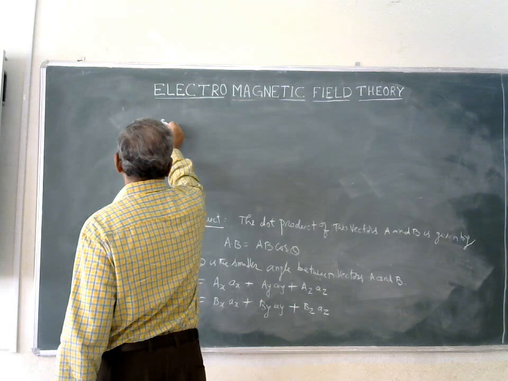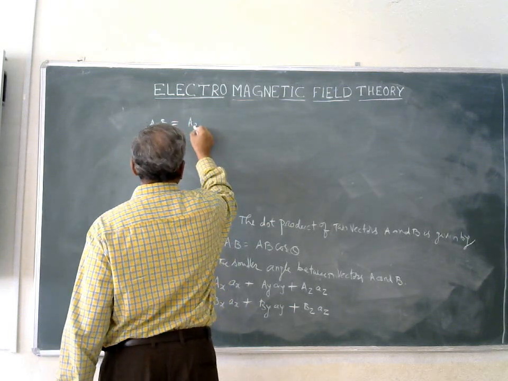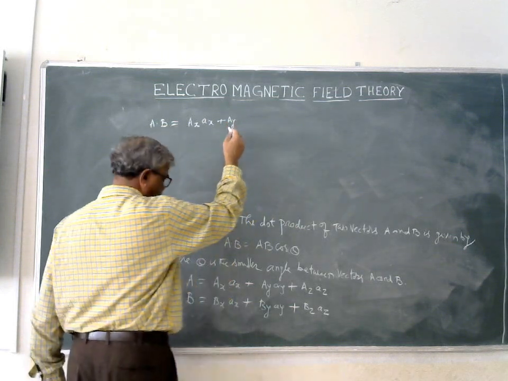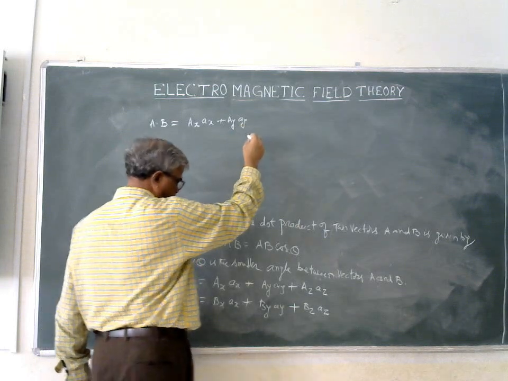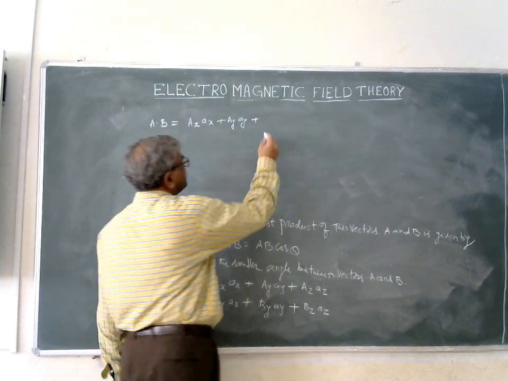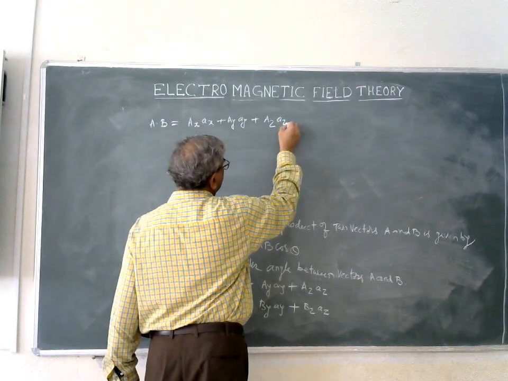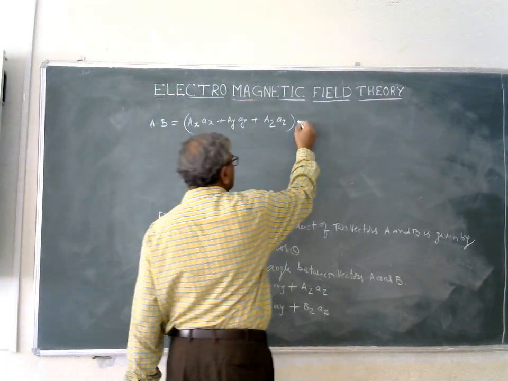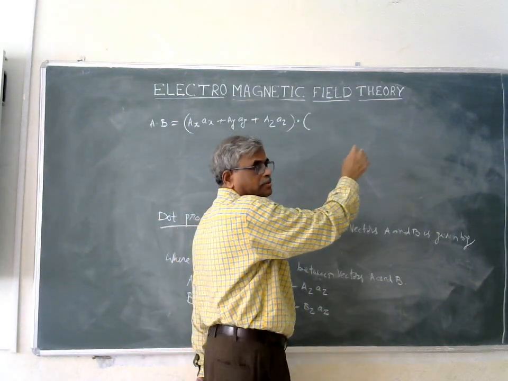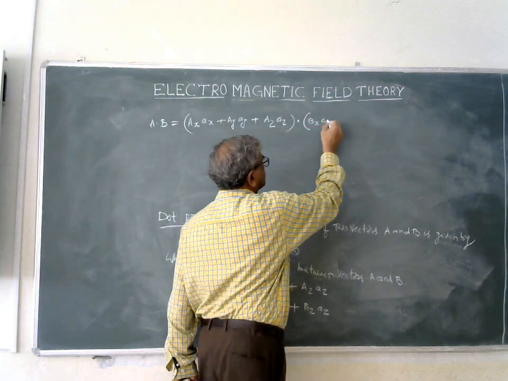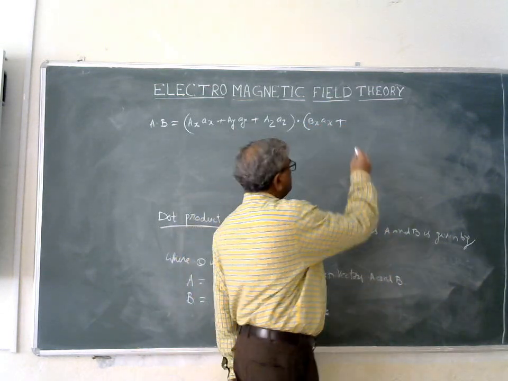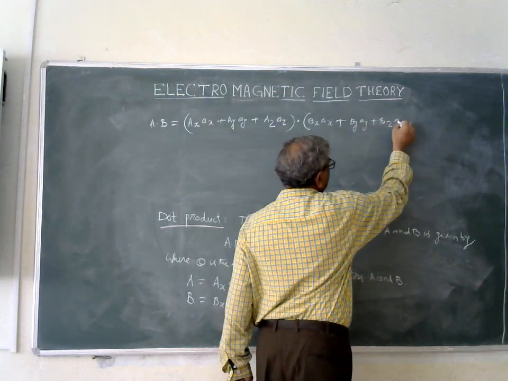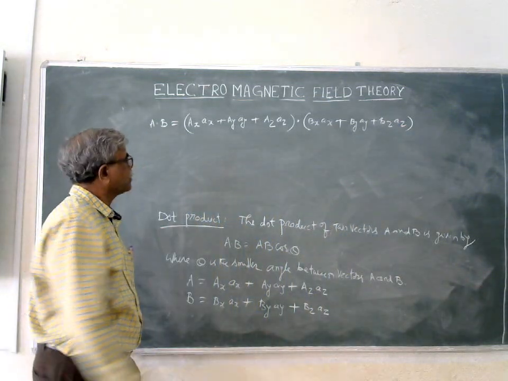A dot B is equal to (Ax ax plus Ay ay plus Az az) dot (Bx ax plus By ay plus Bz az).